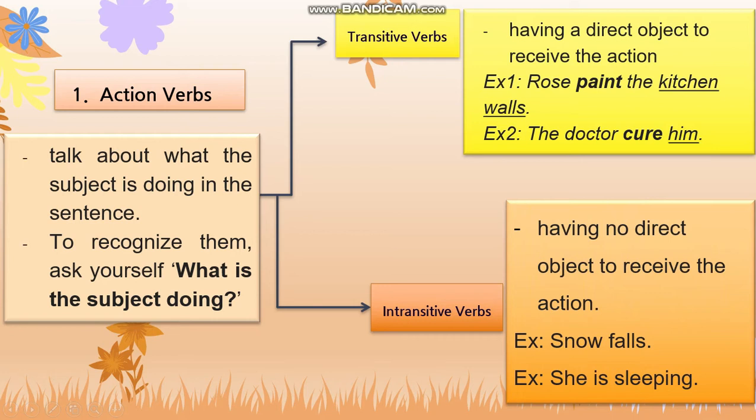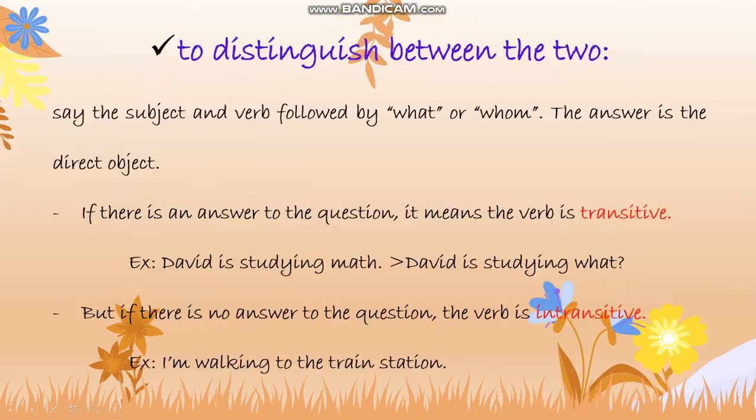One more. She's sleeping. Sleeping here is an intransitive verb because it has no object after it. You can also add more expression like in her bed, in her bedroom, but those phrases are just expressions which show us where the action takes place. They are not the object which directly receives the action of sleeping. So sleeping here is an intransitive verb needing no objects.